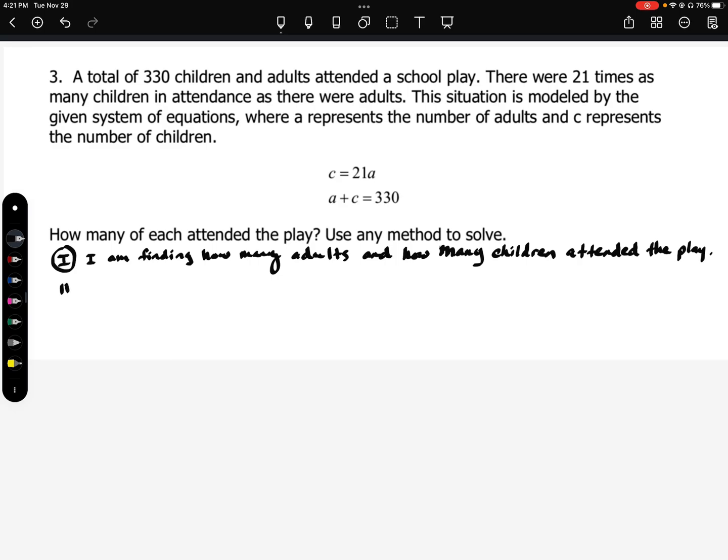So they already told us what our variables are going to be. We have A represents the number of adults, so we let A equal the number of adults. And C represents the number of children.